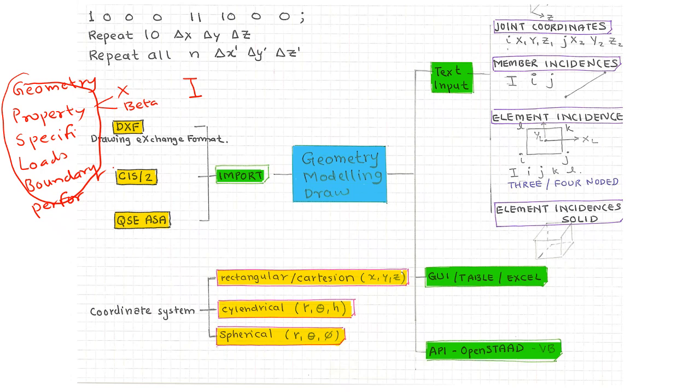So the first step of geometry is creating joints. In some software they call it joint, node, or a point. All are the same. We give the instruction and the x coordinate, y coordinate, and z coordinate.